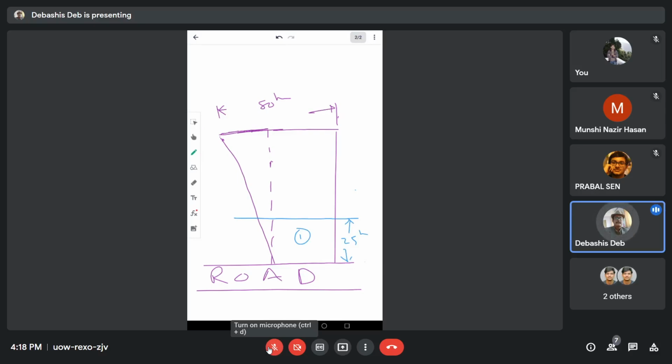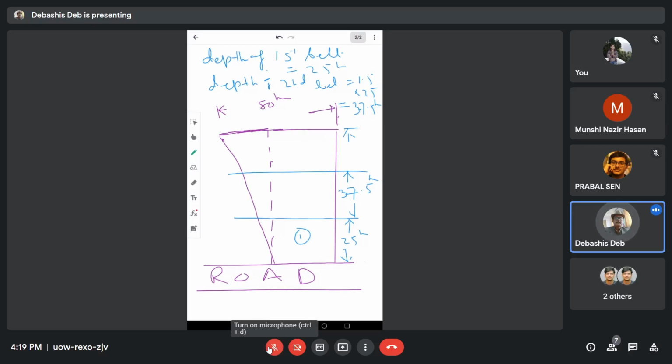Accordingly, the second belt depth will be 1.5 into 25. Here let me write: depth of first belt 25 meter, depth of second belt 1.5 into 25, coming 37.5. Did you write this? So this is 37.5.